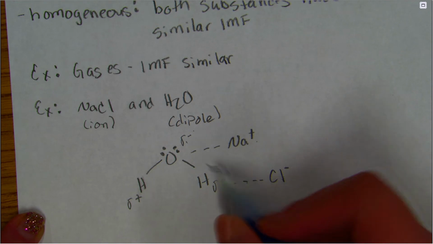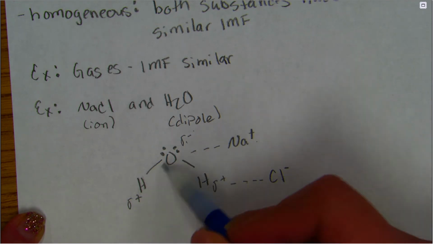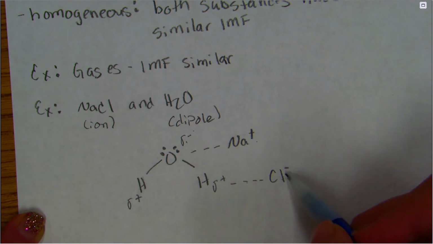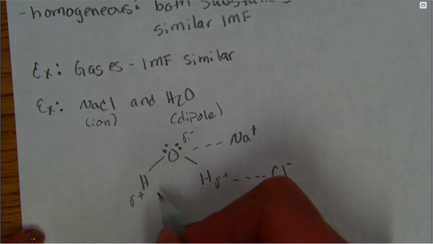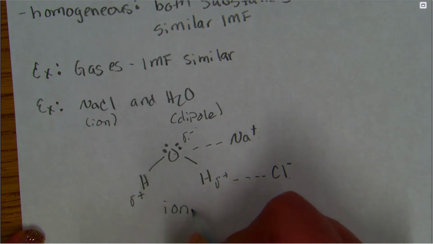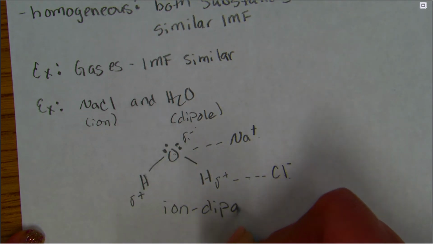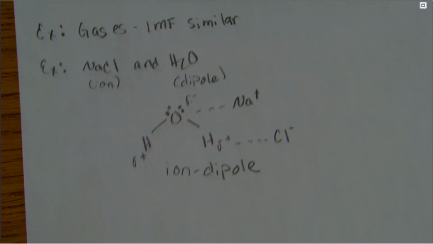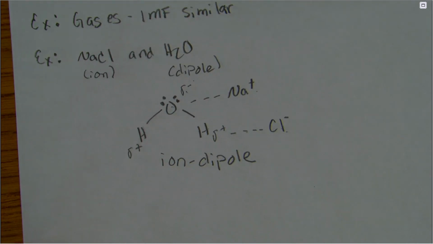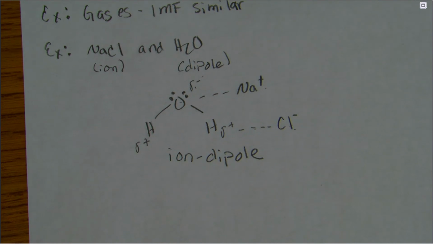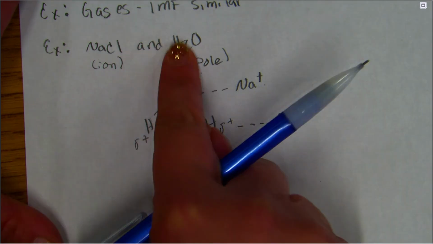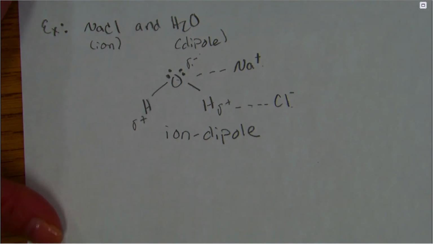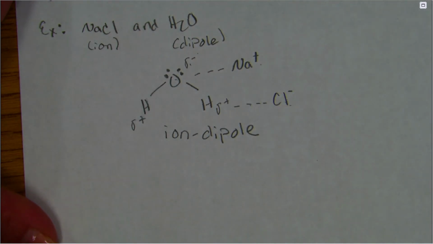This water is a dipole, and both of these ions are being attracted to the dipole, so we end up with this ion dipole. Their intermolecular forces are similar enough that they are able to form this ion dipole, and therefore sodium chloride will dissolve in water, all right, to create a homogeneous mixture.